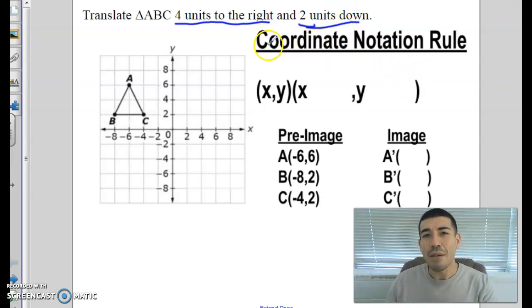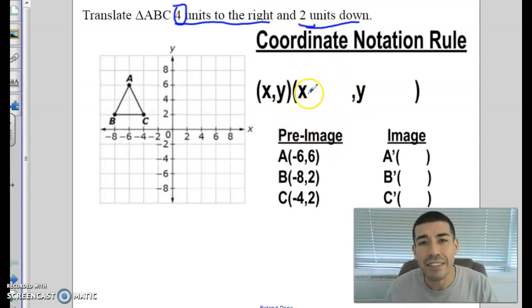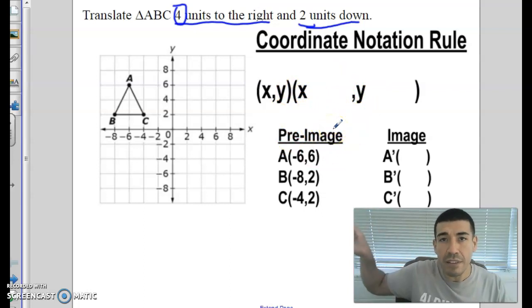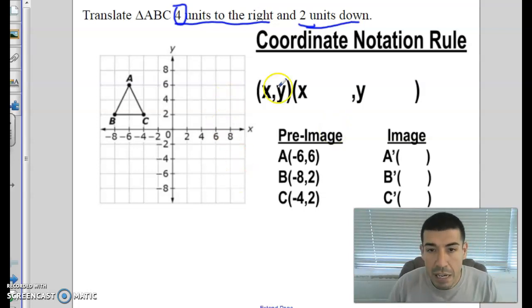By the way, before I even begin the problem, let me begin writing the notation rule. Look what I said, 4 units to the right. Whenever you move to the left or to the right, we're actually talking about the x-axis, the x. Because you're moving to the right is positive. Remember, the left is negative, the right is positive. Because you're moving to the right, this will become plus 4.